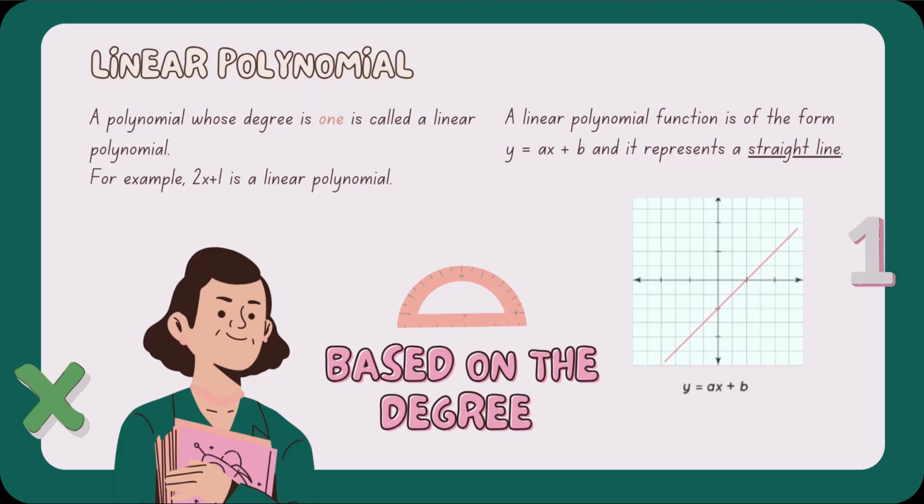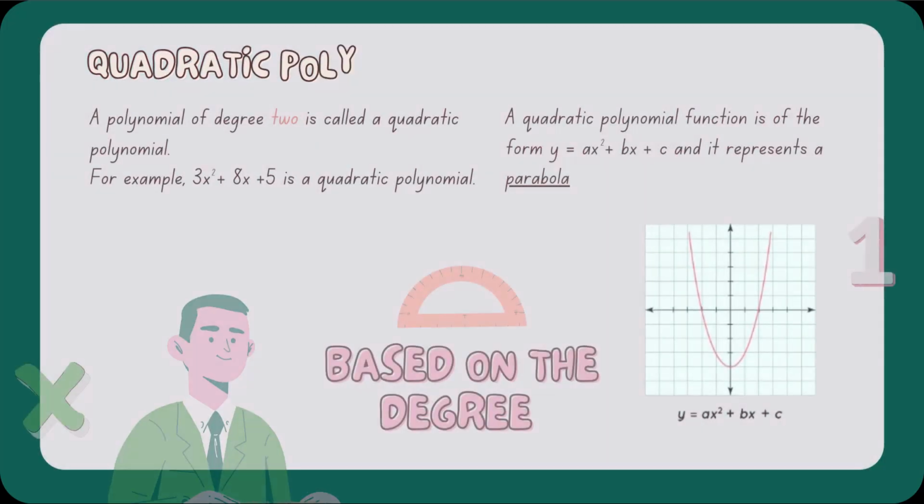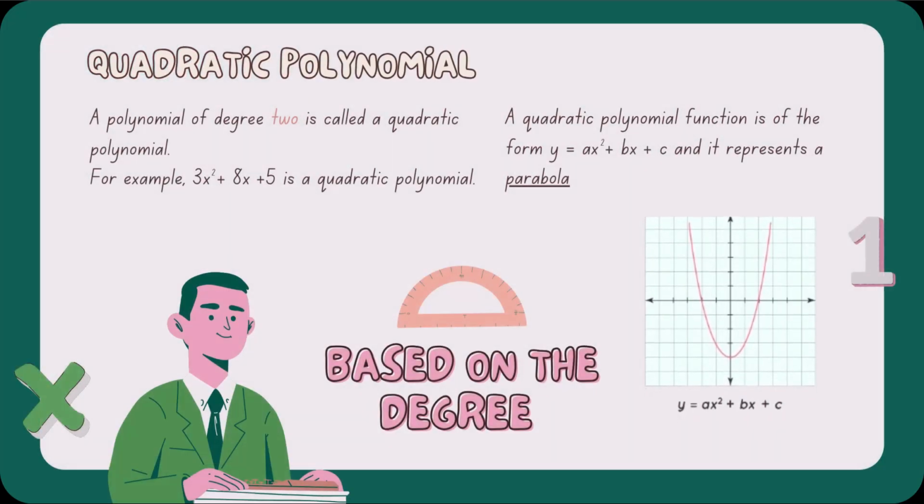What is the next polynomial that we have? Quadratic polynomial. When the degree of the polynomial is 2, so 3x squared plus 8x plus 5 is a quadratic polynomial because the degree is 2. Now, how is a quadratic polynomial written? Again, ax square plus bx plus c is the general form or the general representation of a quadratic polynomial. So you can write p of x is equal to ax square plus bx plus c.